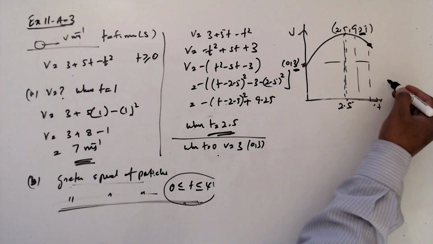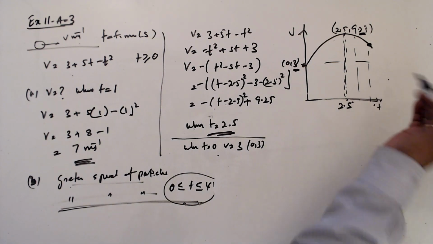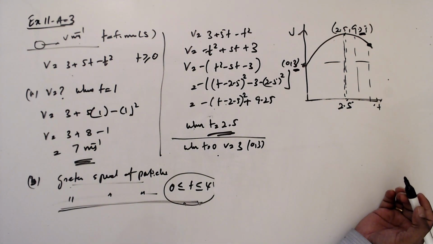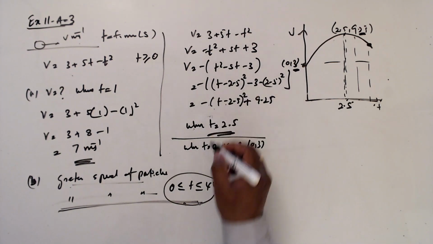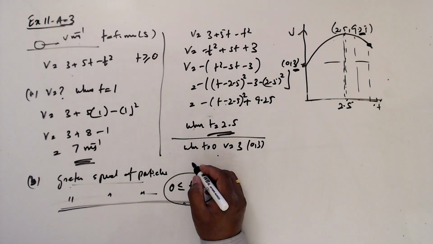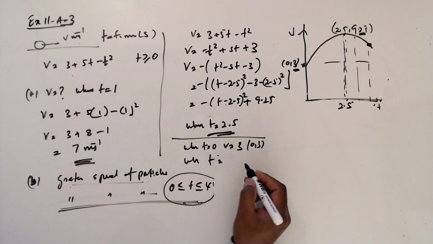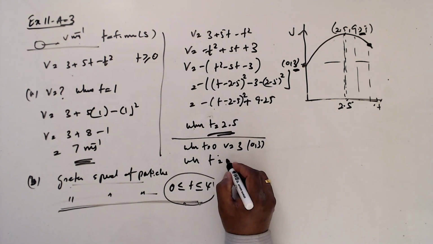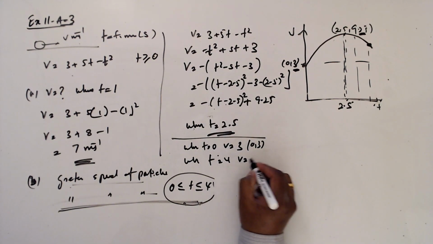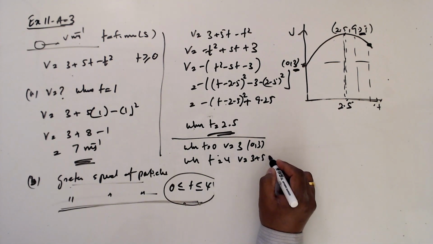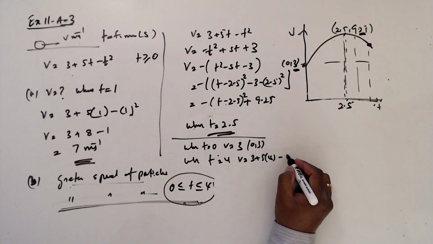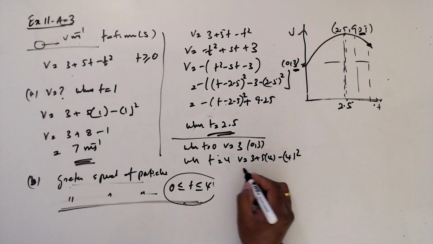If you are not sure, what shall we do? We can find when t equals 4, then v equals 3 plus 5 times 4 minus 4 squared.